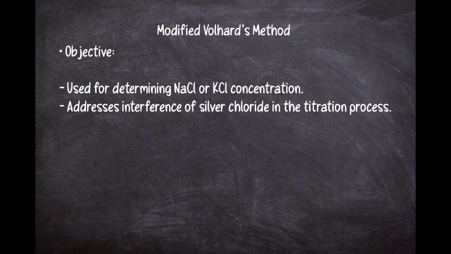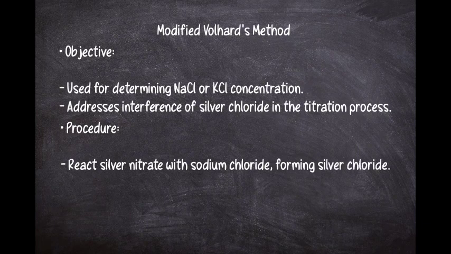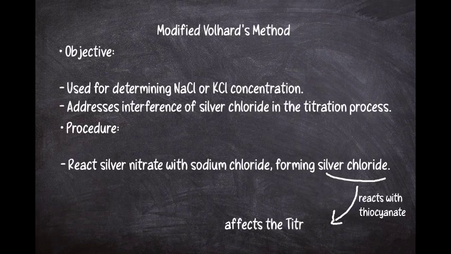As we move to the next step, let's visualize the setup. When silver nitrate reacts with sodium chloride, silver chloride is formed. However, this silver chloride can interfere with the subsequent titration with potassium or ammonium thiocyanate. To counter this interference, a slight modification is introduced, and that's why it is called modified Volhard's method. Understood?